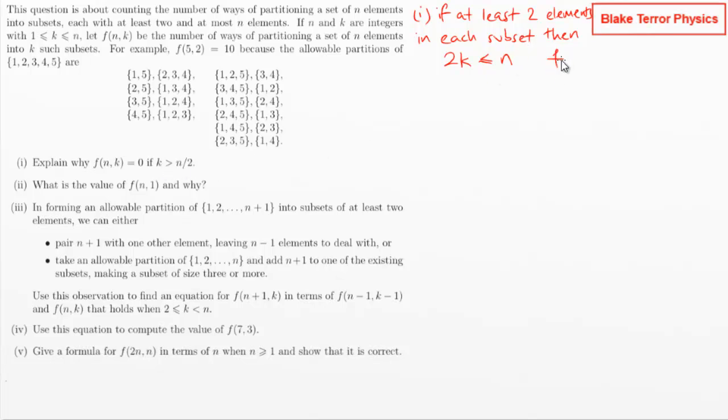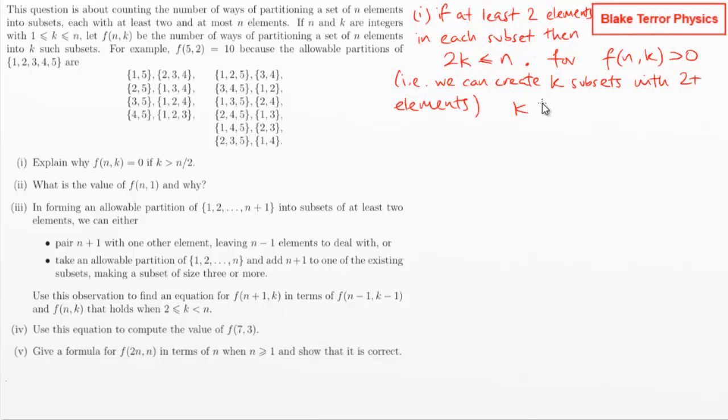So we can rearrange this. So okay, for f of n,k being greater than 0, i.e. we can create k subsets with 2 plus elements, that means that we need k to be less than or equal to n over 2.